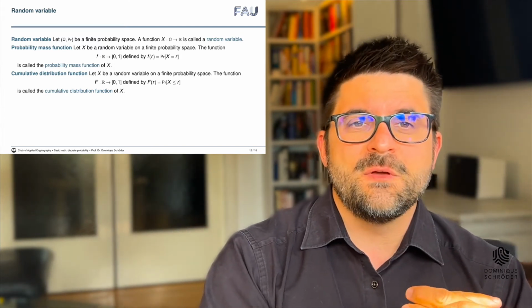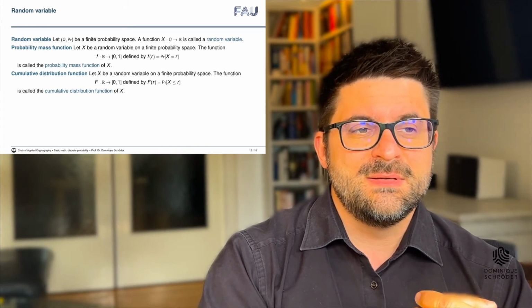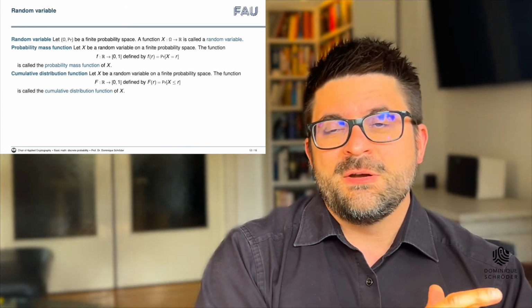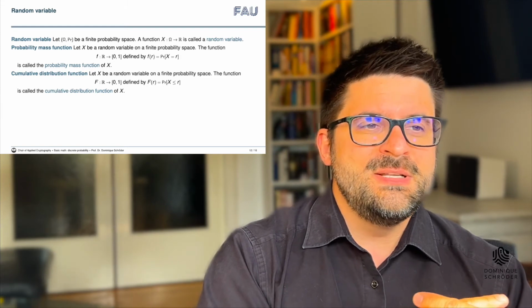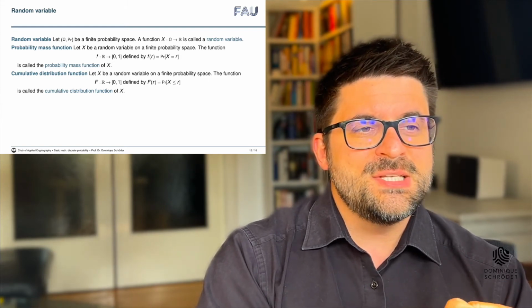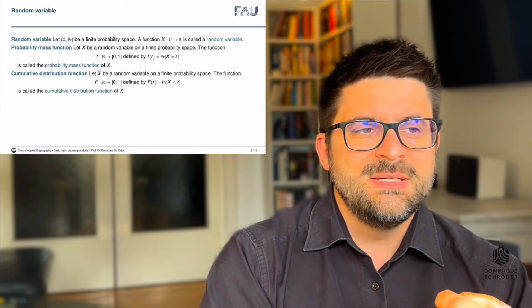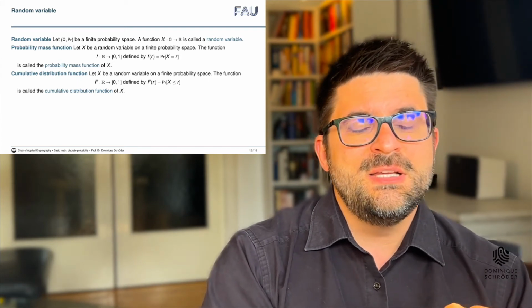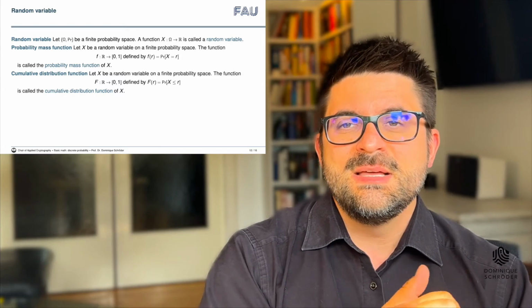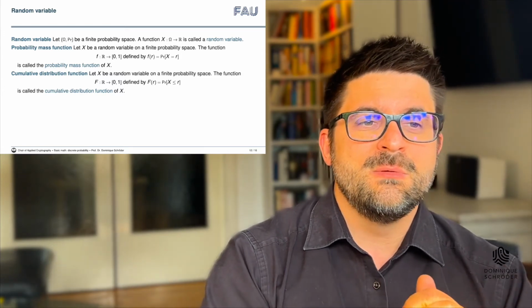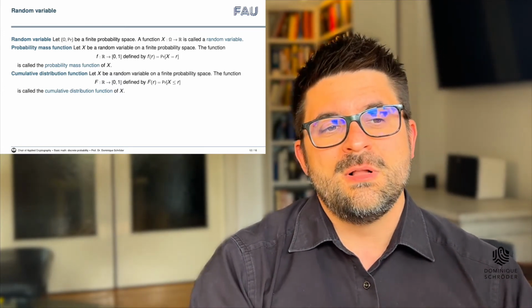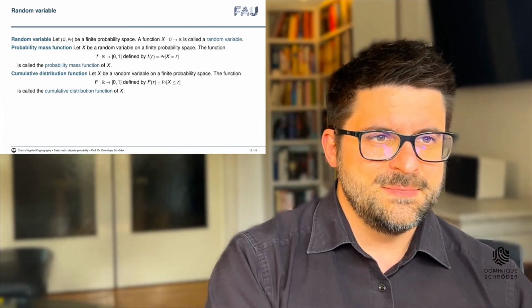And this is exactly what the cumulative distribution function does. So if x is a random variable over a finite probability space, then the function f, which maps from R to [0, 1], is defined as f(r) equals the probability that x is smaller or equal to r, and this is what we call a cumulative distribution function.